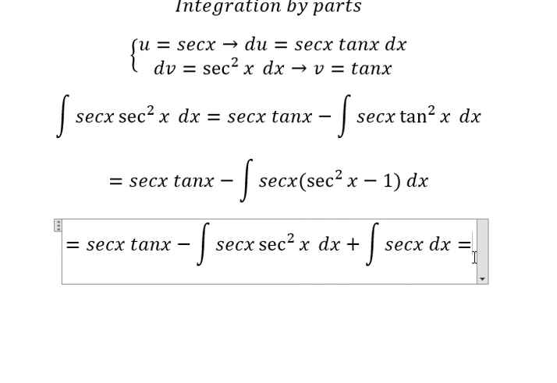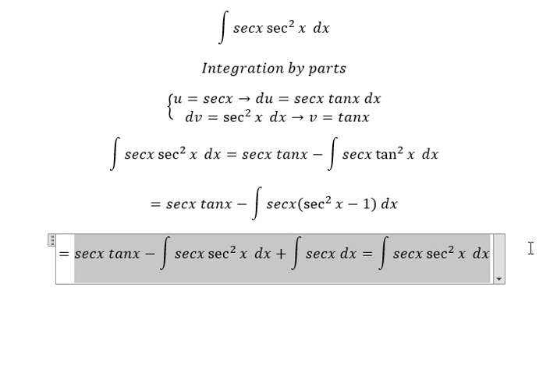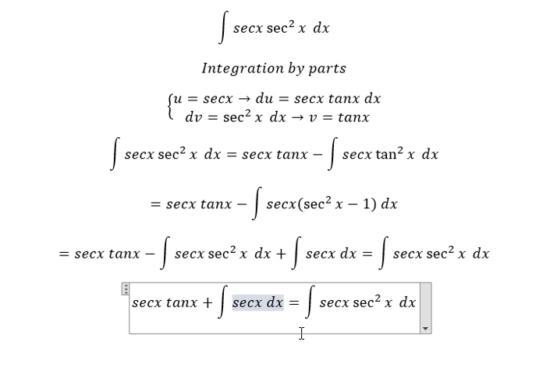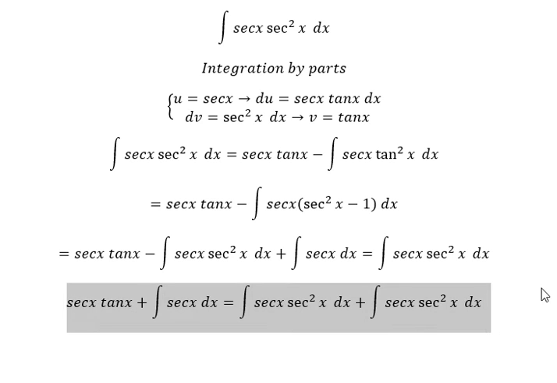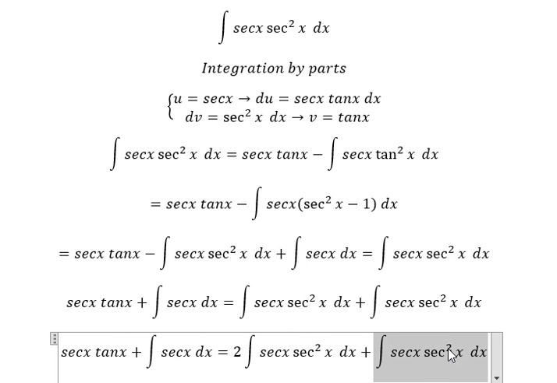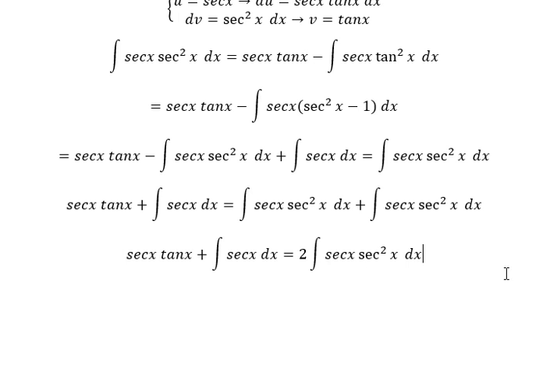So I will put this one in here. Now, I will move this one to the right. And we have positive in here. Next, this one plus this one, we have number 2. And later, we divide both sides by number 2.